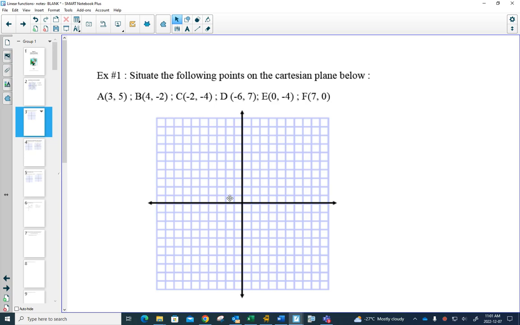And so what you can do, for example, you can go to 3, 5, and just put an A, 3, 5, like that.